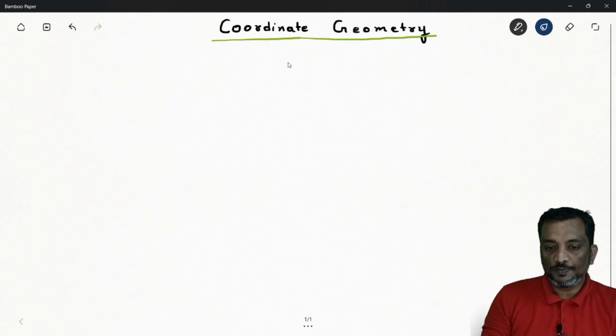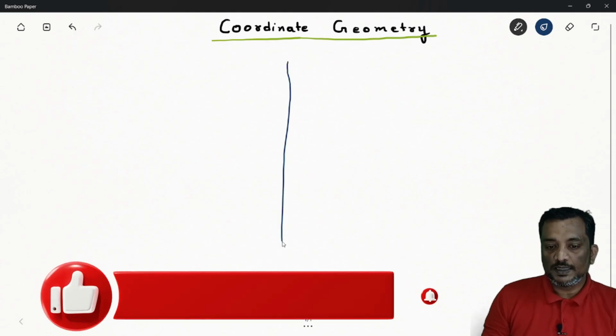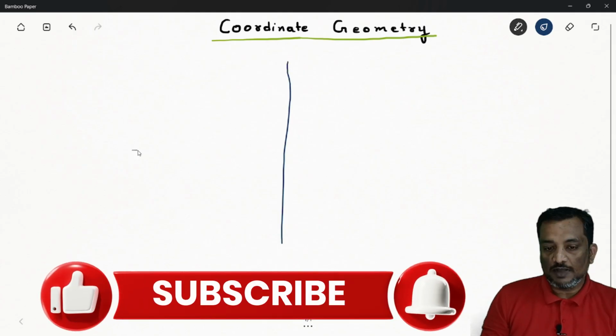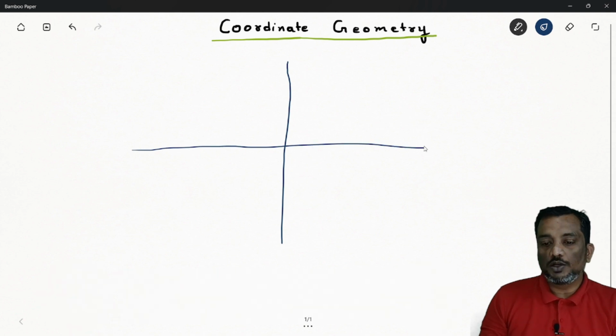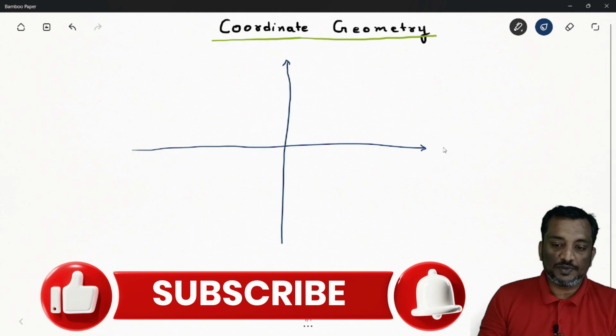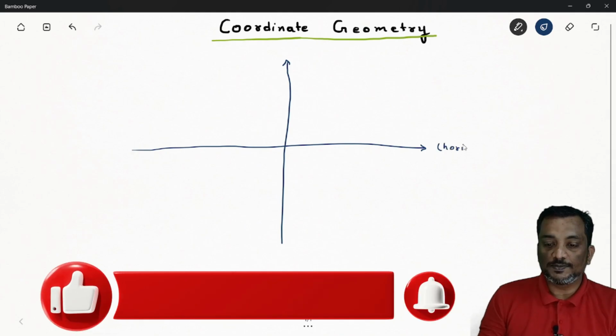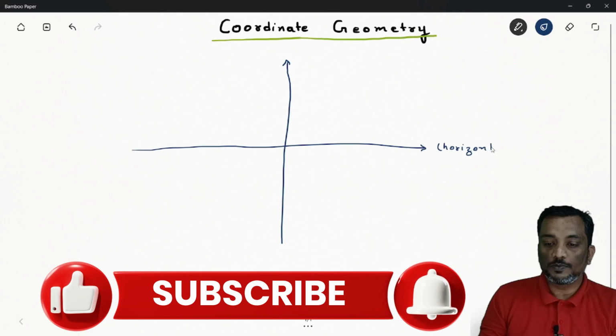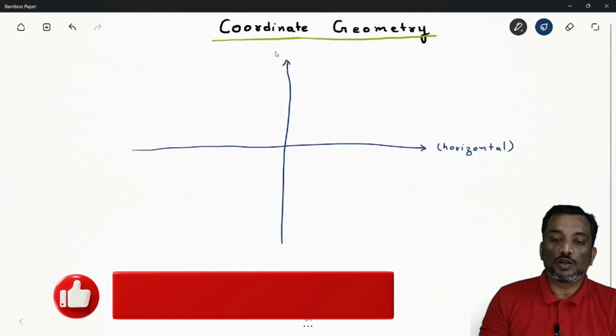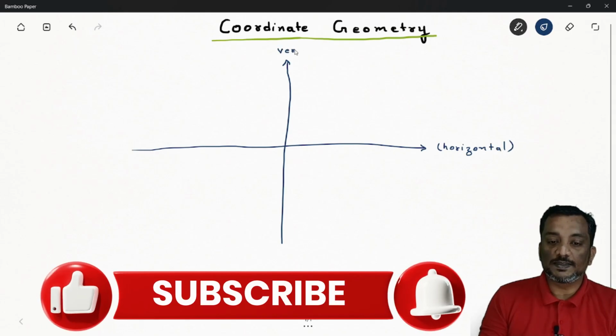Before going, तो मैं आपको कुछ बेसिक्स क्लियर कर रहा हूँ. Coordinates are basically two axes, a horizontal axis as well as a vertical axis.